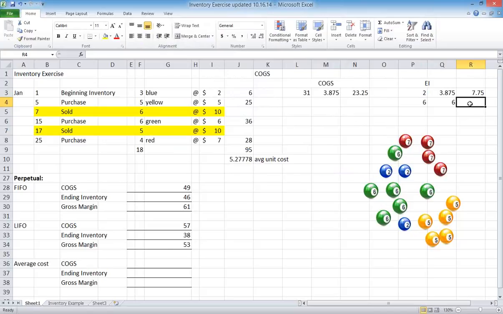And we have, this is 36, but 6 times 6 gives us $43.75 divided by, again, we have 8 units. Okay. And we sold 5 of those.